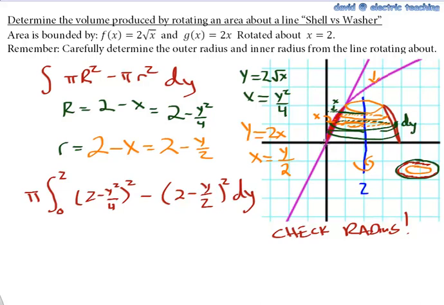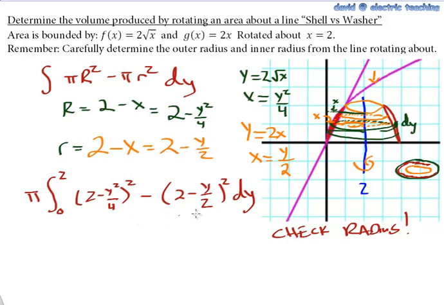See this unit of 2. So if I put in 0, 2 minus 0 is 2, and in this one, 2 minus 0 is 2. And if I check it at 2, both radii should be 1. You can see there's a little 1 radius there at the top. So if I put in a 2 here, it's 2 minus 4 over 4, so that's 1. And this is 2 minus 2 over 2, so that's also 1.